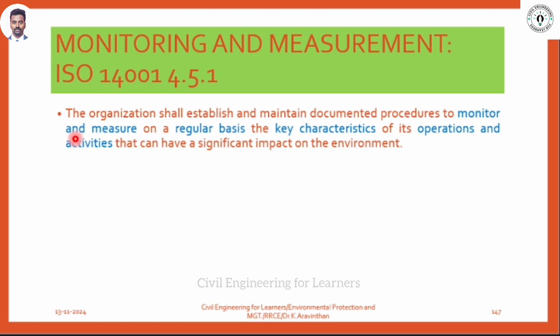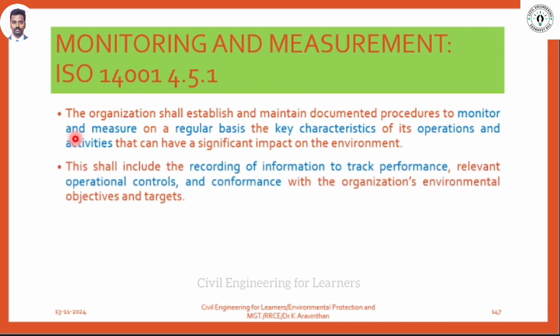Monitoring and measurement has to happen on a regular basis, not one day or two days. Every day the monitoring should happen. This is the key characteristic of operational activities. What are the things they should monitor? Environmental condition indicators, performance indicators, EPI, environmental performance. How do you measure whether an industry is performing well or not?